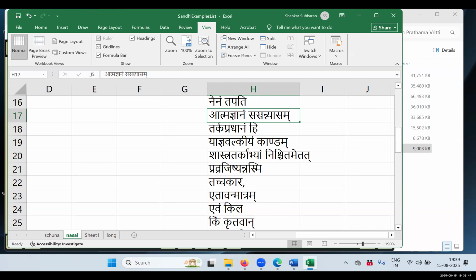Yeah, with anuswara. Sam plus nyasa. So first you will get sam. Okay. But that will remain what? It will remain the same, right?